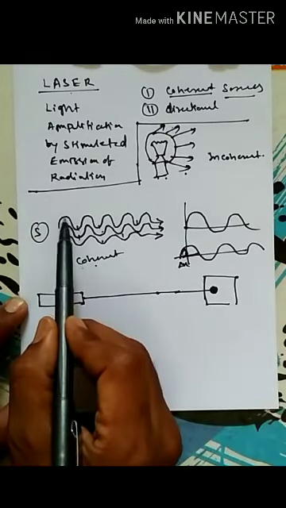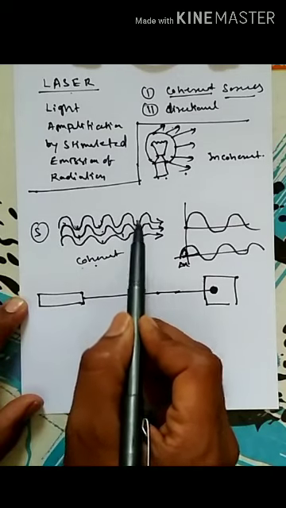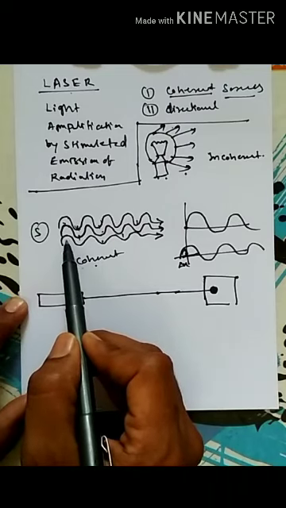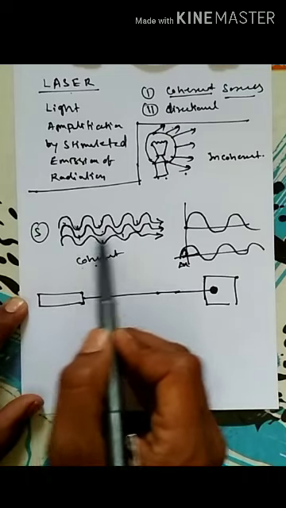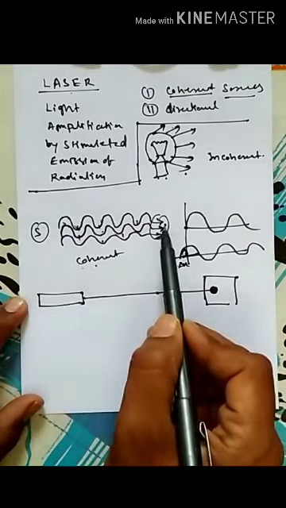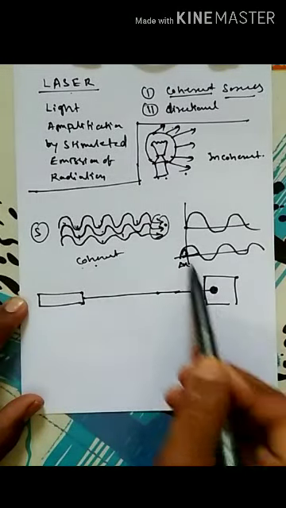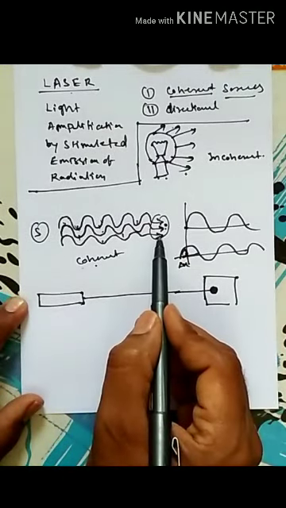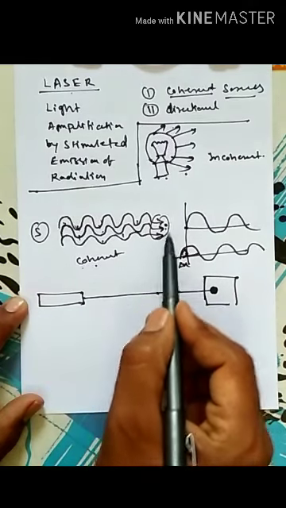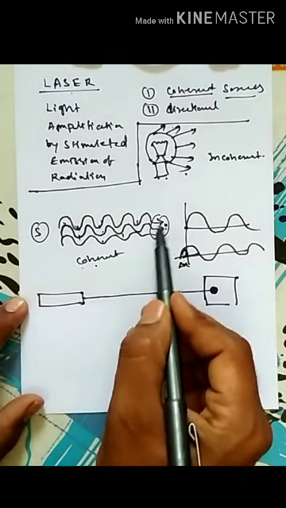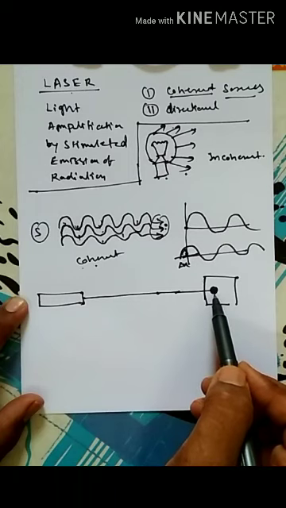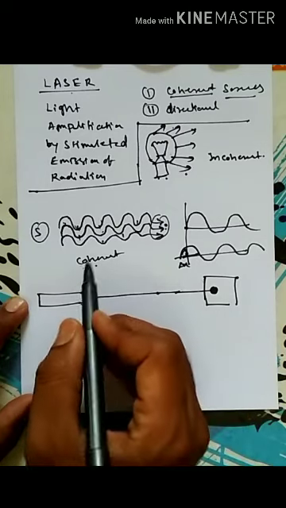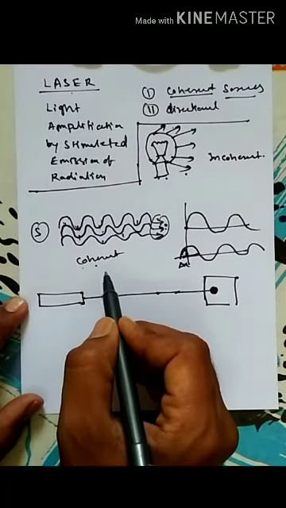Because the waves or light coming from one atom, two atoms, three atoms, here I mention only three atoms, are focused at only one point. If we zoom into this point, it will look like this. So the light gets concentrated at a particular sharp dot, so it is highly intense or highly illuminated compared to incoherent light. So this is the importance of coherent nature in a laser.